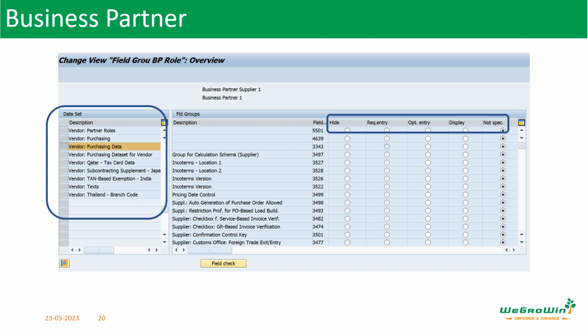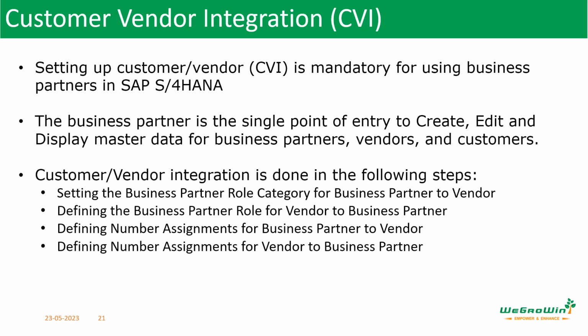Next we'll discuss the customer vendor integration, CVI. Setting up of CVI, that is customer vendor integration, is the mandatory prerequisite for the business partner in SAP S/4HANA. The business partner is the single point of entry to create, edit, and display master data for business partners, customers, and suppliers.